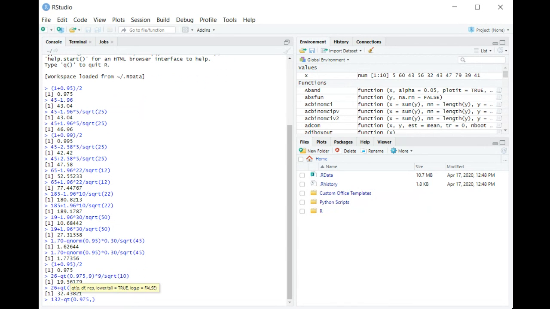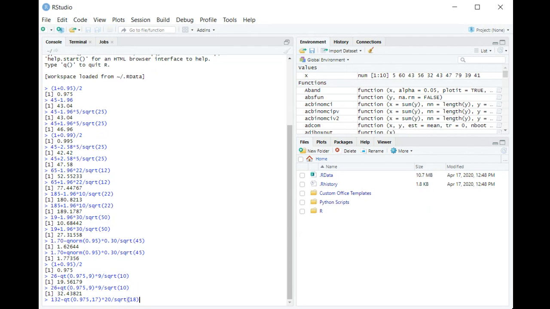N is 18, so n minus 1 is 17. And then just times the standard deviation, which in this case is 20, divided by the square root of n, and in this case, the n is 18.